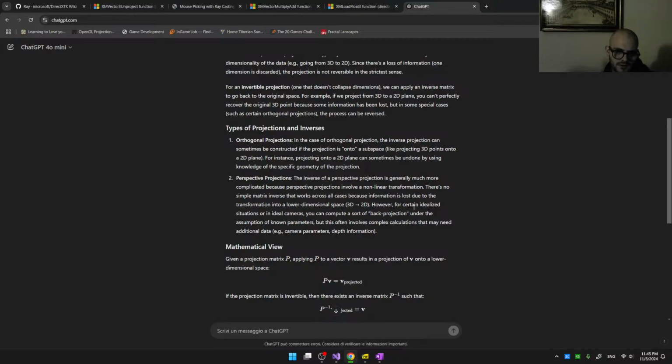There is no simple matrix inverse that works across all cases because information is lost due to the transformation into lower dimensional space. However, in an ideal camera, you can compute a sort of back projection under the assumptions of known parameters, but this often involves complex calculations that may need additional data, camera parameters, depth information.